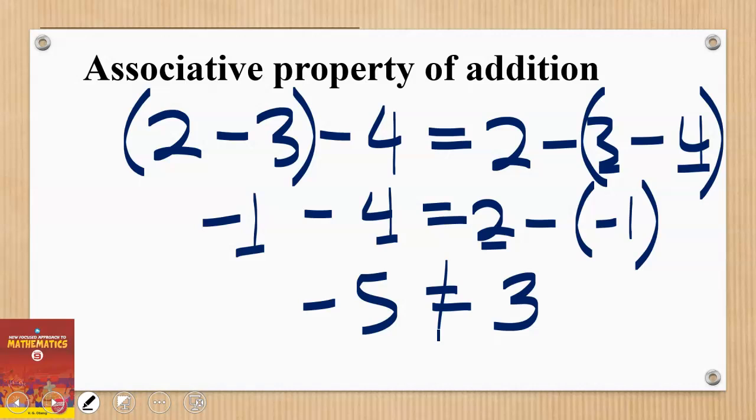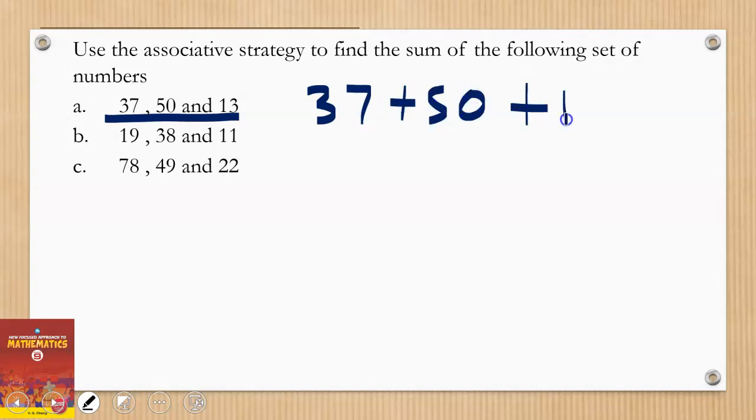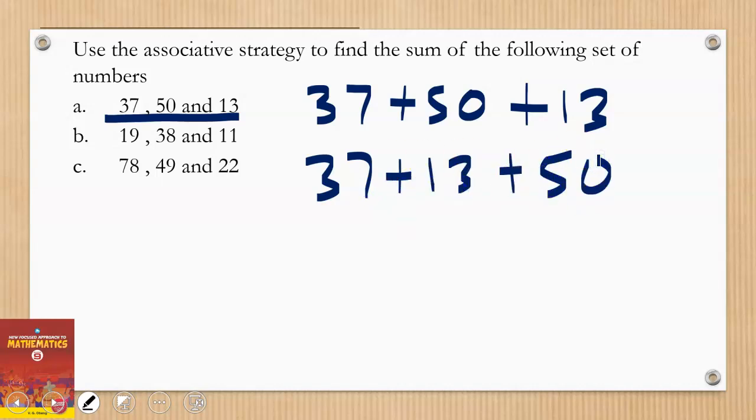Now, how can we apply this to solve questions? That is the associative property of addition. Let's say I have these numbers to add. I'm going to do 37 plus 50 plus 13. If I know my associative property very well, I would rather do 37 plus 13 before adding 50, which will make the work very easy.